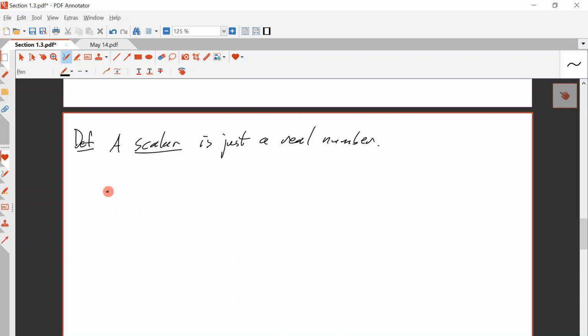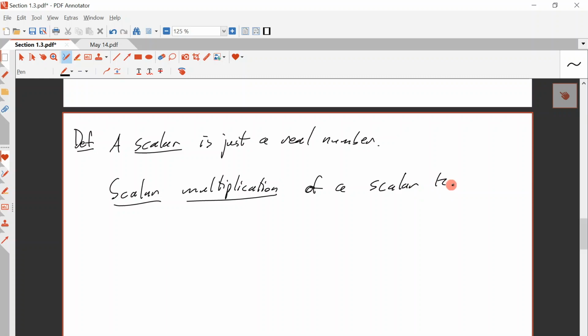And scalar multiplication of a scalar k and a vector v is defined as follows.